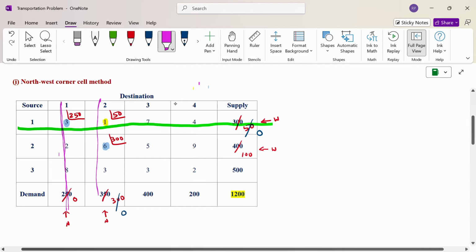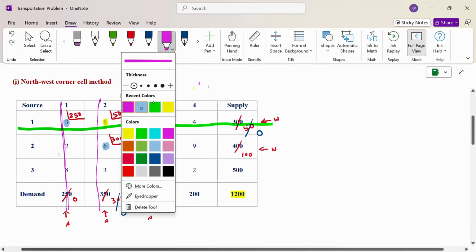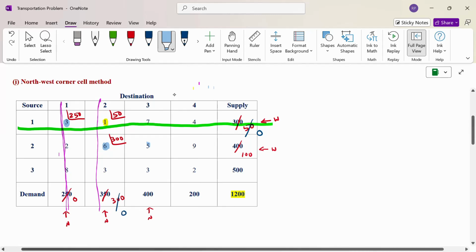Delete this column. Next, again this is the north west corner, 5 is the cell. How much value is possible to allocate to this cell? Here 100 and 400, allocate the minimum value.